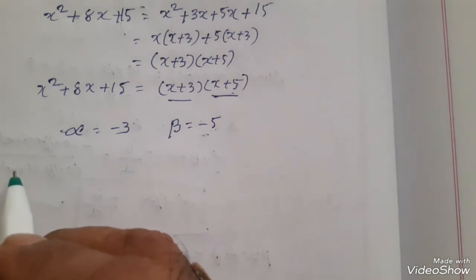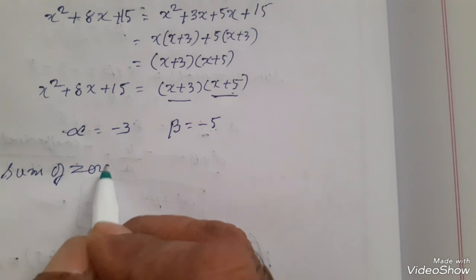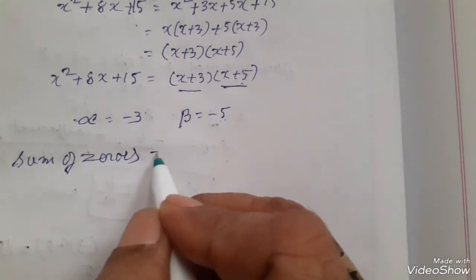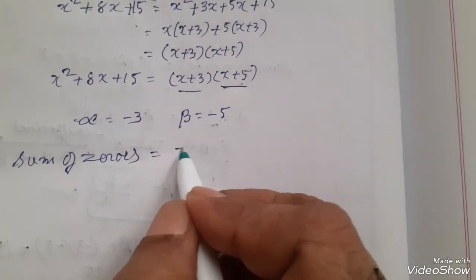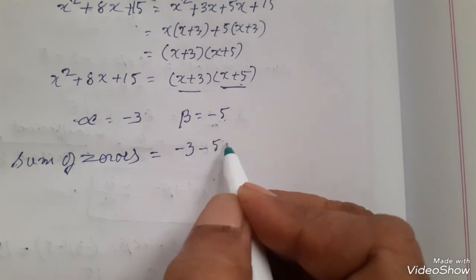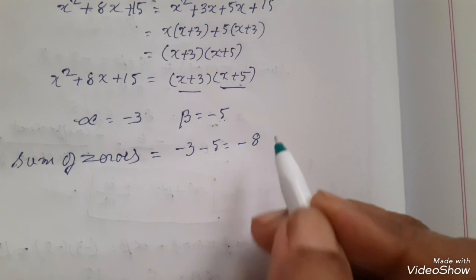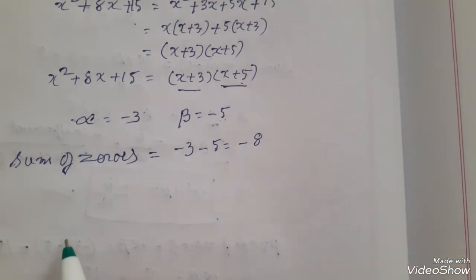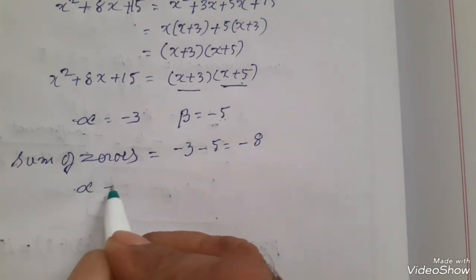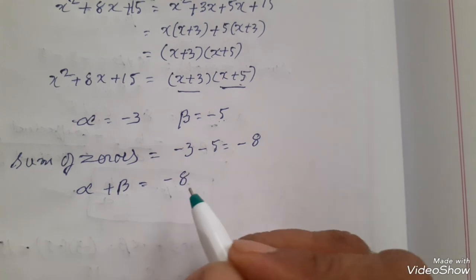Now let us find the sum of zeros. One zero is minus 3 and the other zero is minus 5. So we get minus 3 minus 5, which is minus 8. So the two zeros, alpha plus beta, is equal to minus 8.